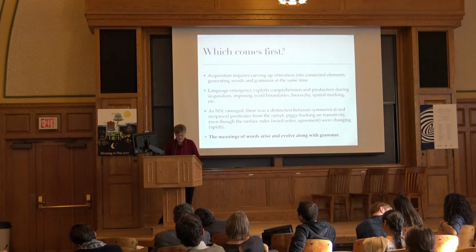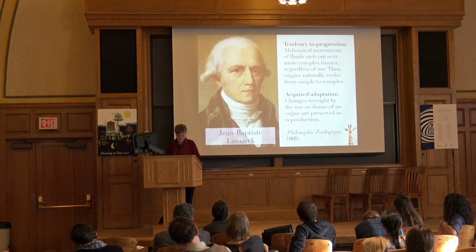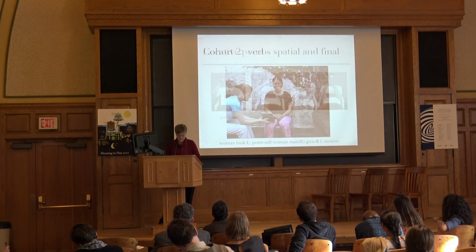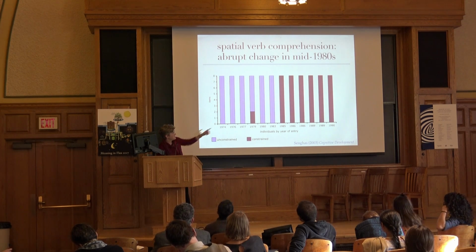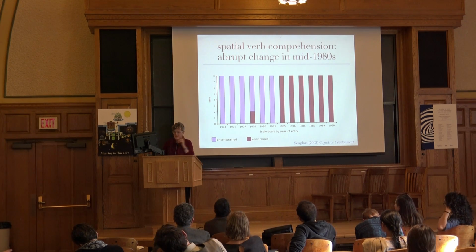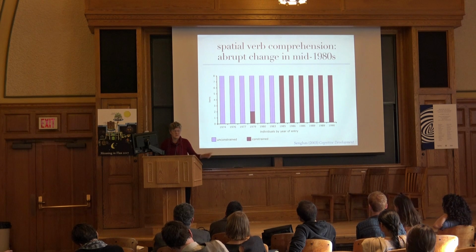And another example is from this comprehension study that I showed the data from. In fact, the stimuli used in this task were signing that I had elicited from the individuals a few years before. They were the man give, woman receive kinds of things.